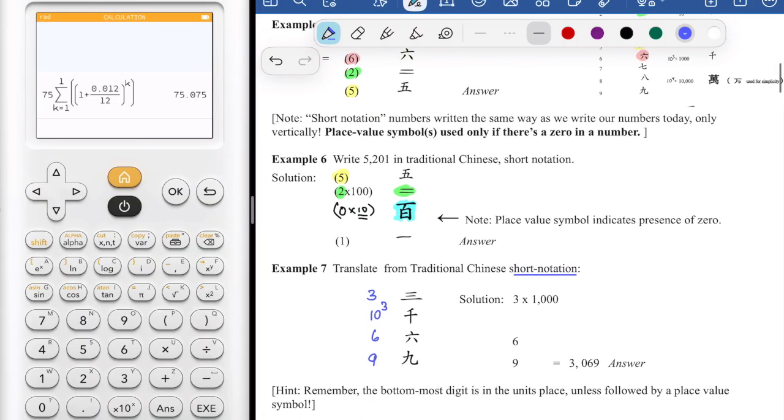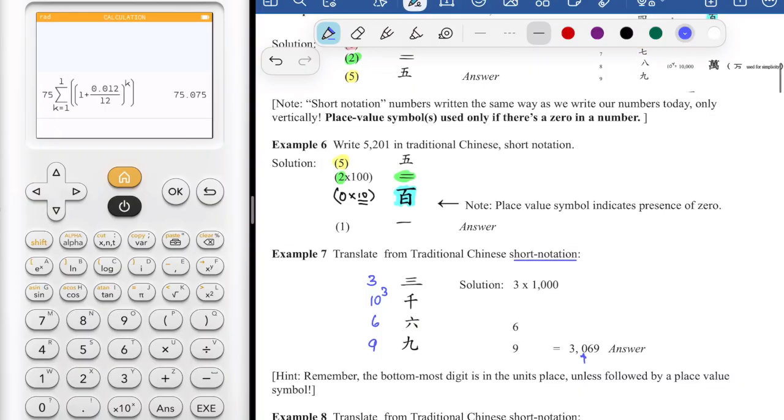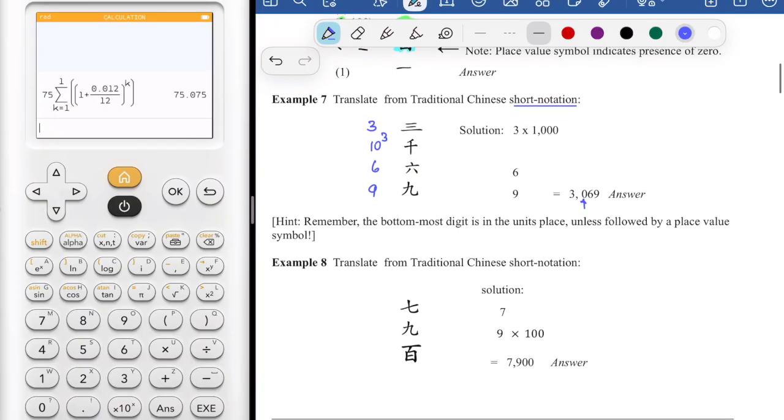So what's happening here is I have that placeholder accounting for the thousands place, 3 zeros essentially. So the 3 is good. Then this is my 10 to the 3rd, 6, followed by the 9.